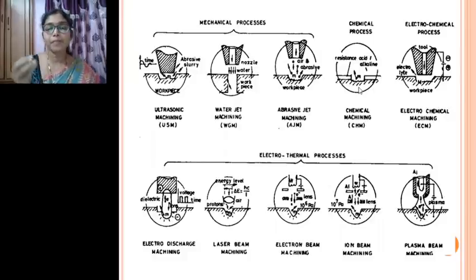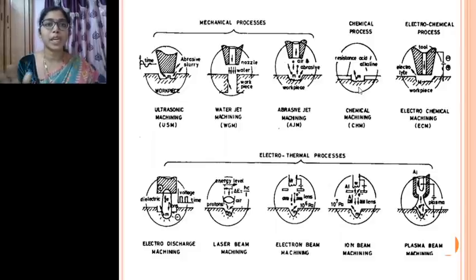In the same way, wherever the machining has to happen, it is allowed to be exposed to the chemicals, and wherever the machining is not required, we close that with maskant. Maskant will be applied on the surface. That is the chemical way of material removal process.